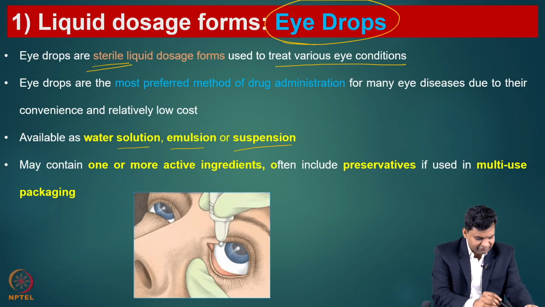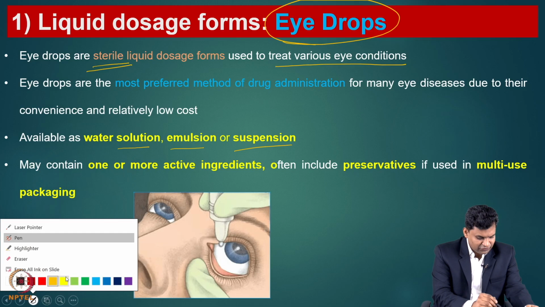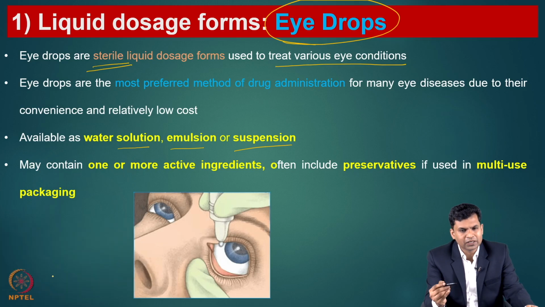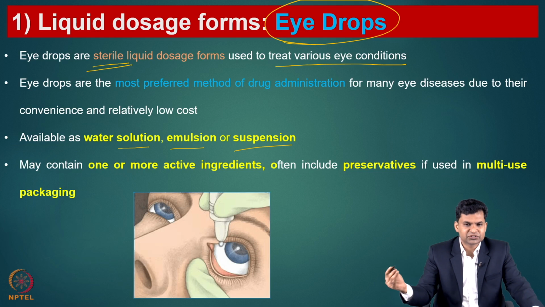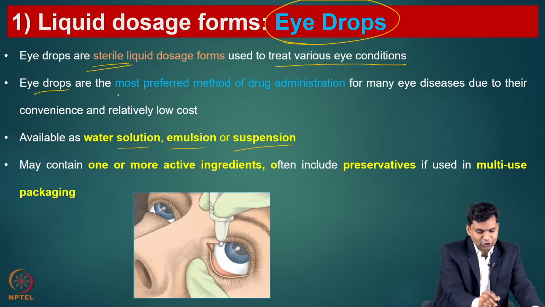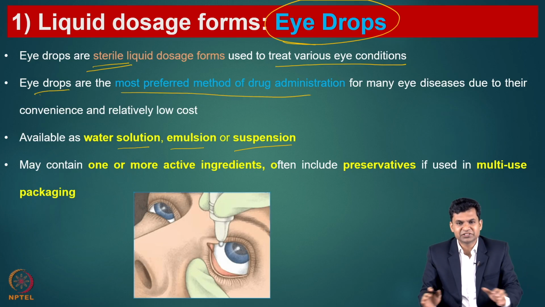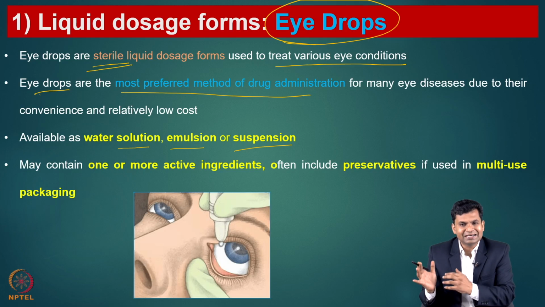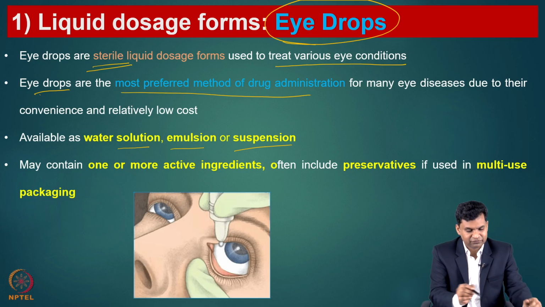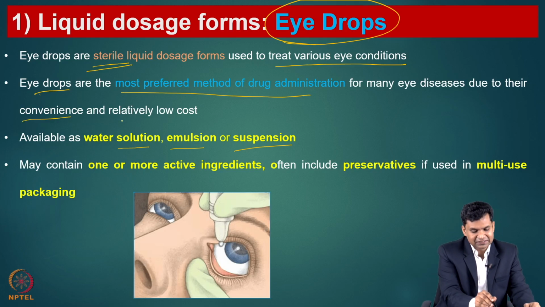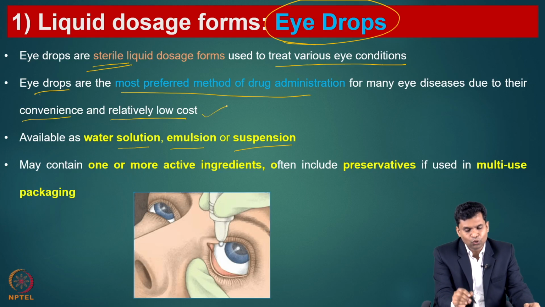Now we know very well, when we compare with the oral route, which is the preferred method for the administration of many drugs, similarly in ophthalmic, eye drops or topicals are the most preferred method of drug administration for many diseases because of the convenience and the relatively low cost.